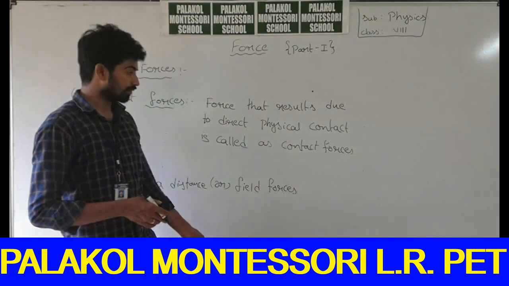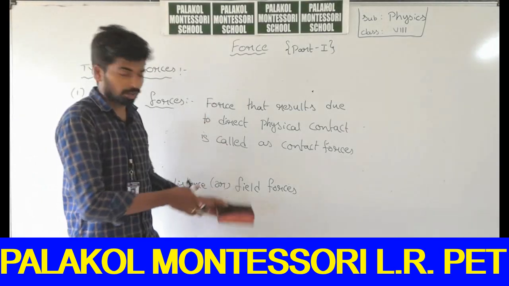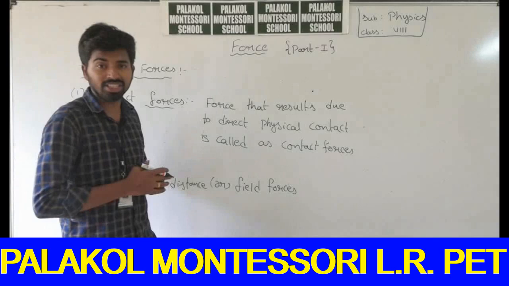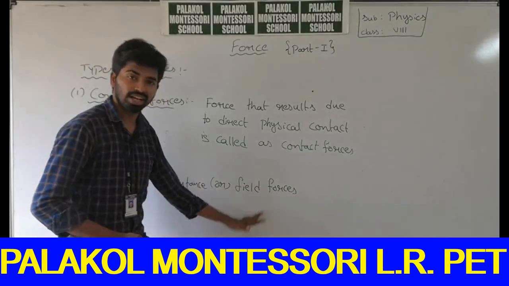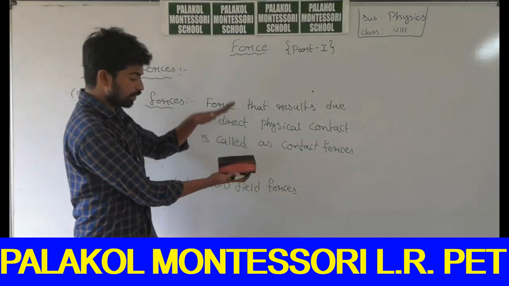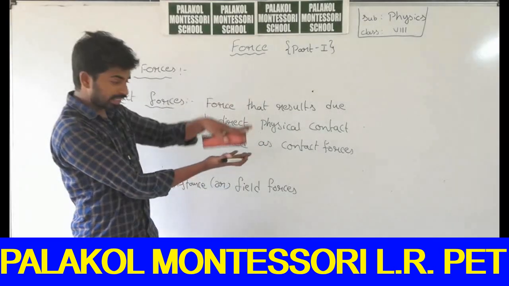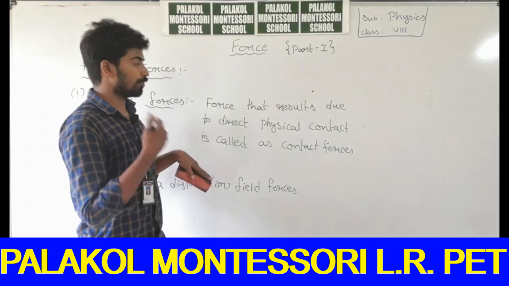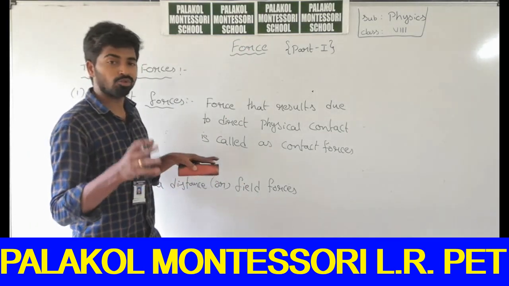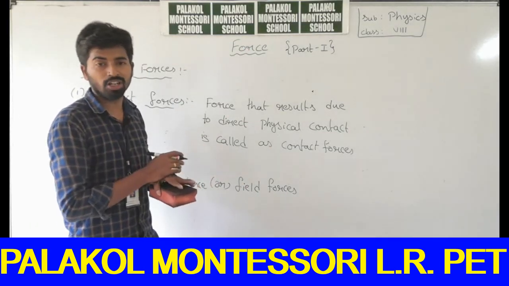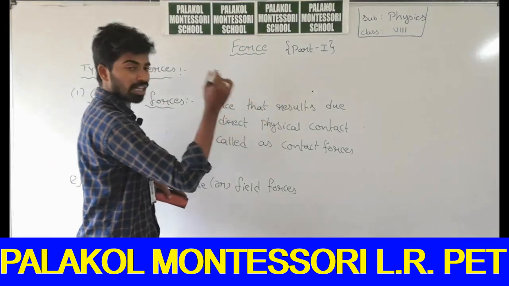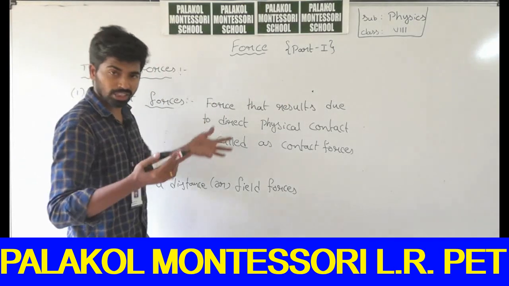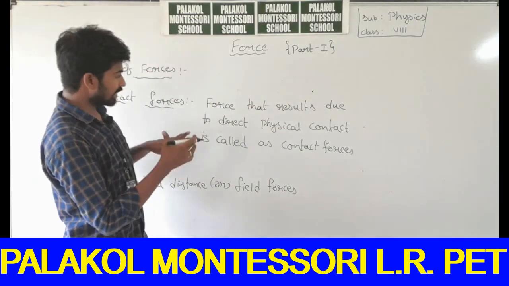For example, I want to lift this object. Without any contact, can I lift it? No, I have to touch this object. I have to make some contact with it and lift it, right. Whenever you want to lift any object, whenever you are writing, you are applying some force on the object. Without touching the object, you cannot move it.